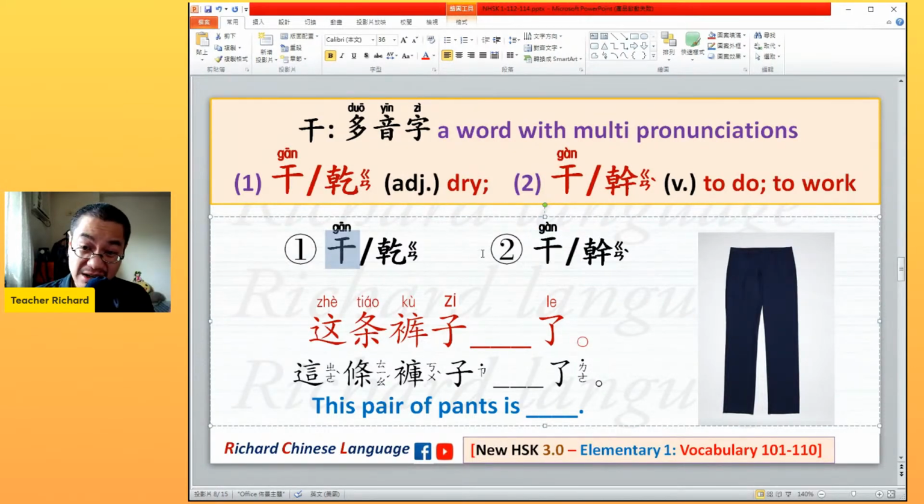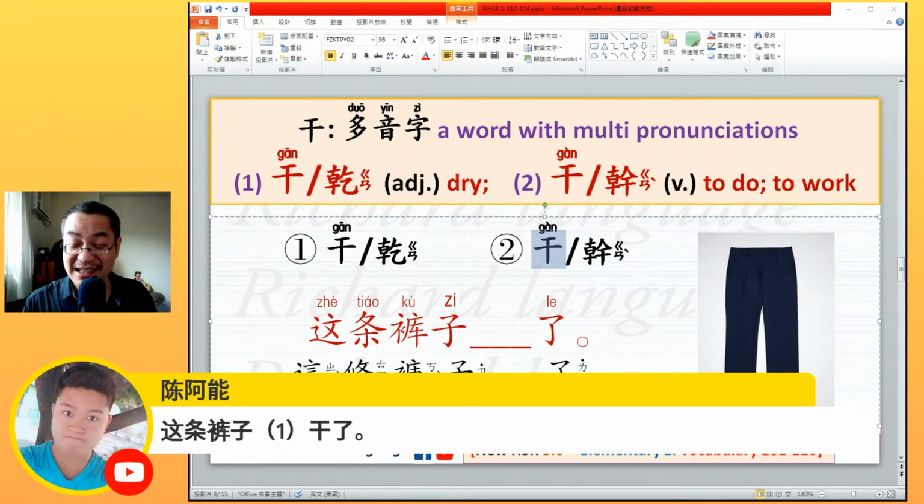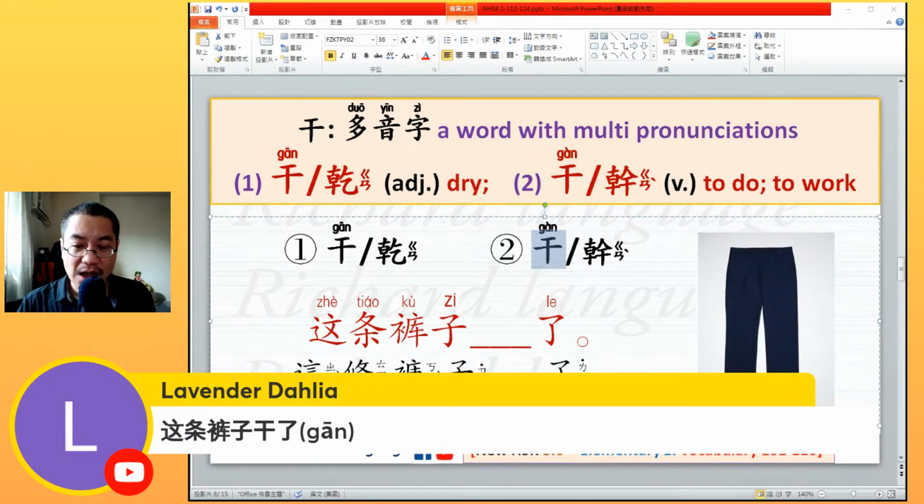It should be dry or to do. 雪峰，这条裤子干了, tell me the answer. Okay, very good. 这条裤子干了 means become dry, right? Dry. Very good.